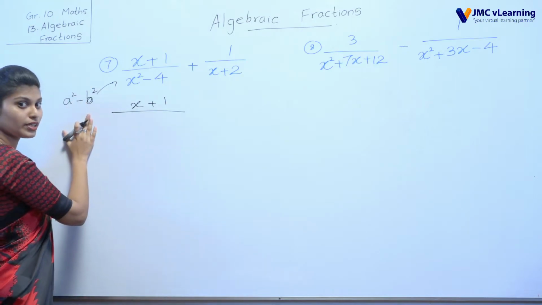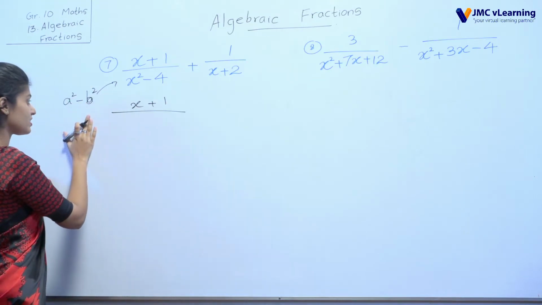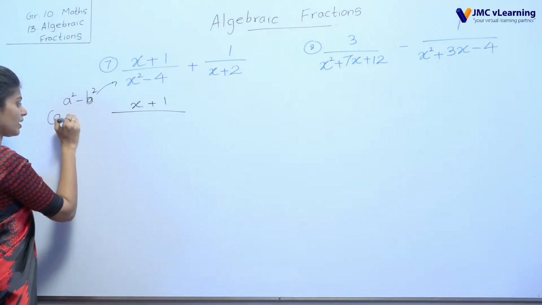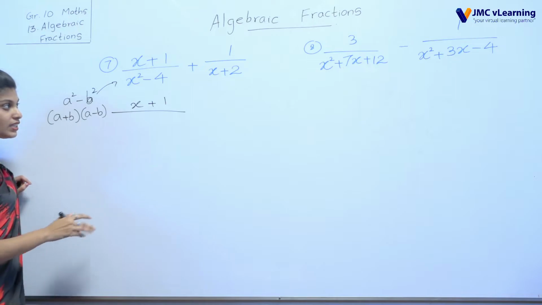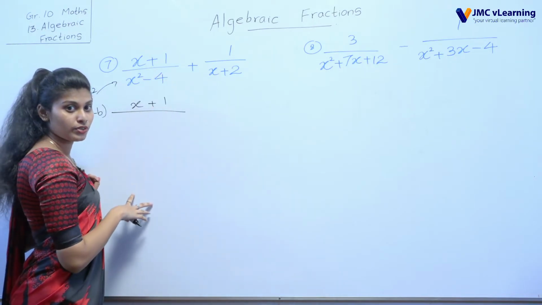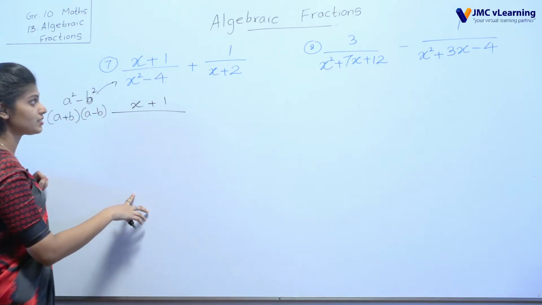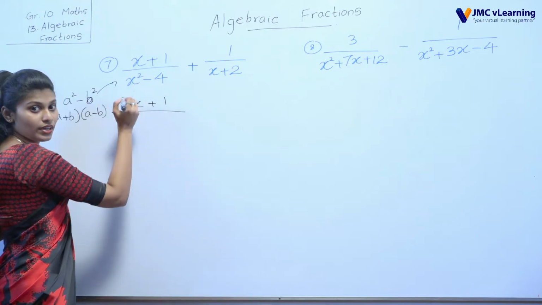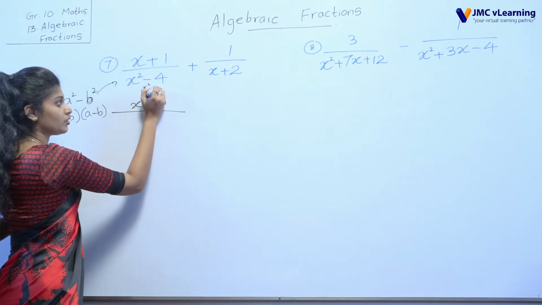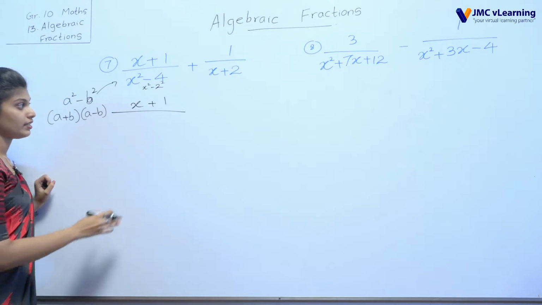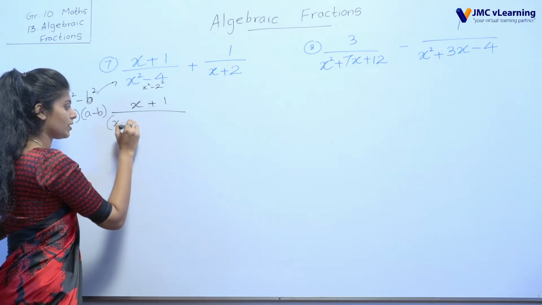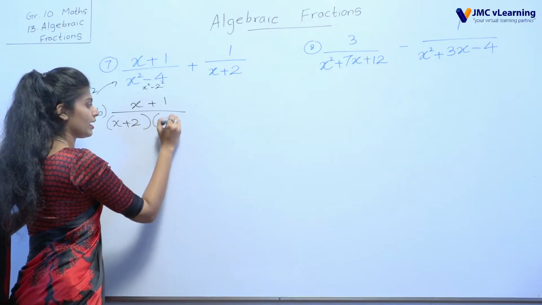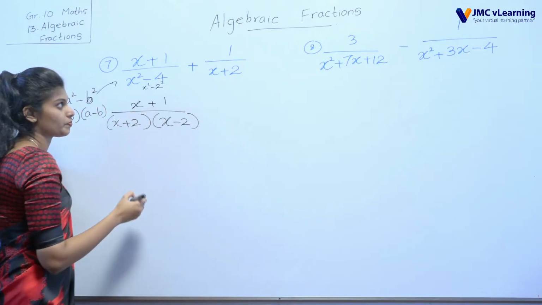Look in this one, you can write two multiplication expressions, a plus b, a minus b. Then here this 4 you can write as a squared number, that is x squared minus 2 squared. Then let's write as two binomial expressions, x plus 2, x minus 2.